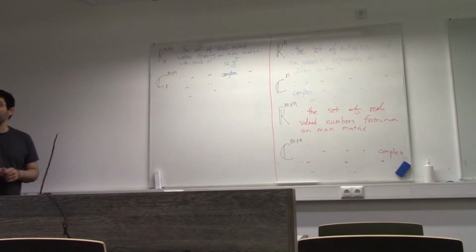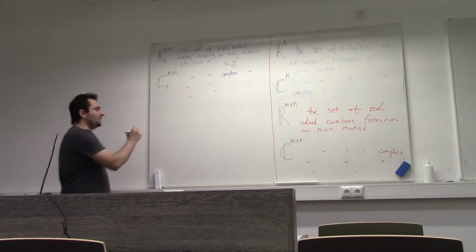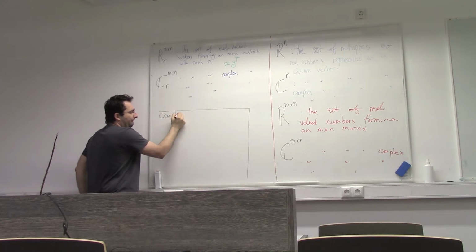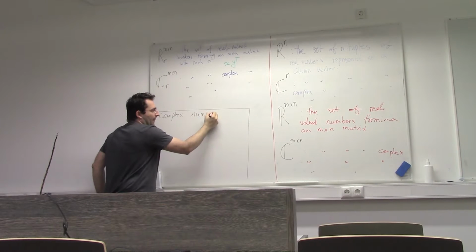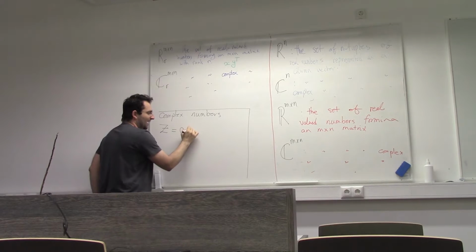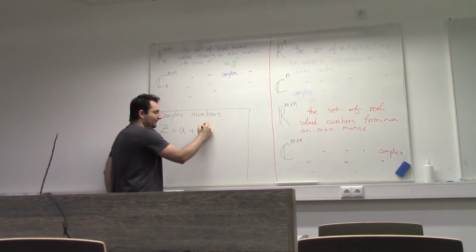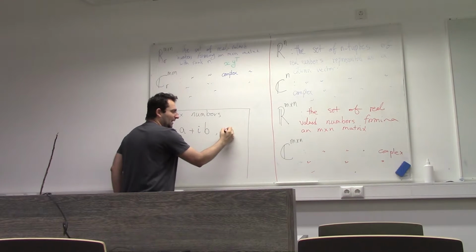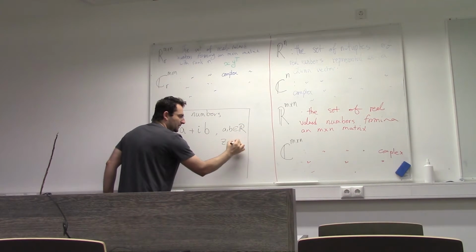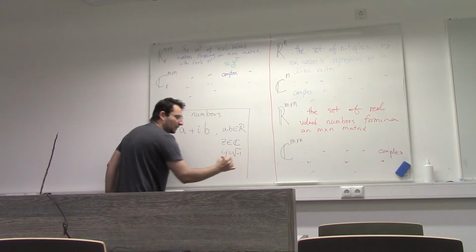Now, do you remember complex numbers? Yes? Usually we show a complex number with z, and we say that z is a plus I or j b, where a and b are real numbers, z belongs to complex numbers, and I or j is the square root of -1.